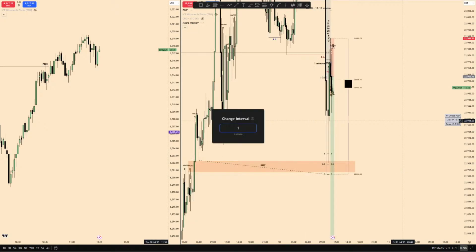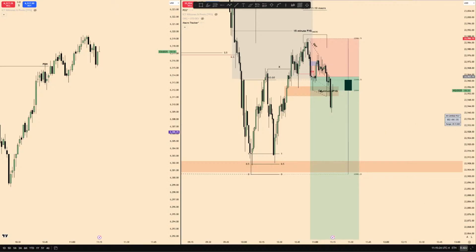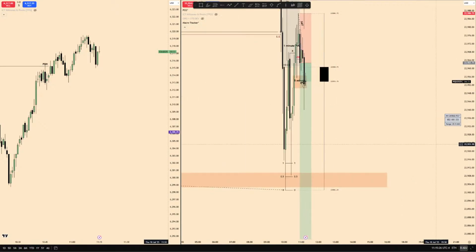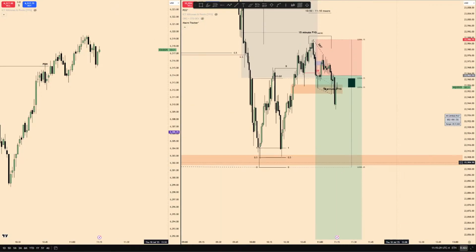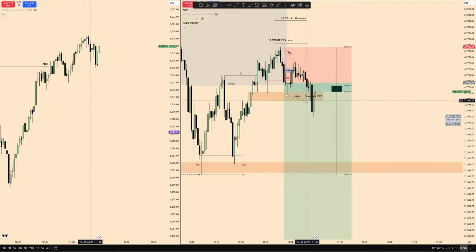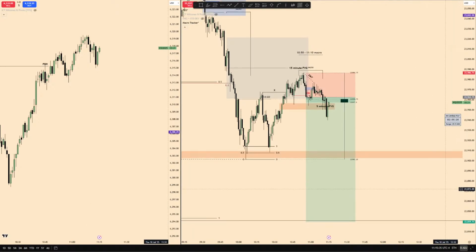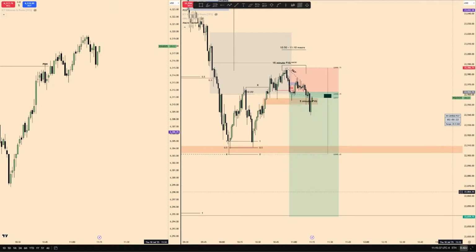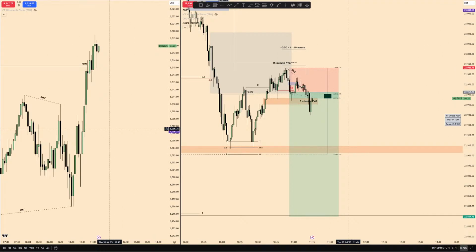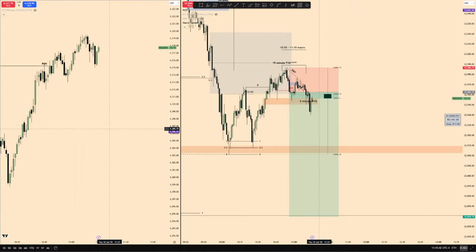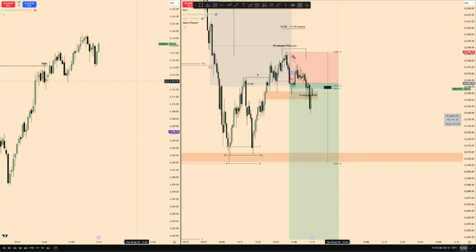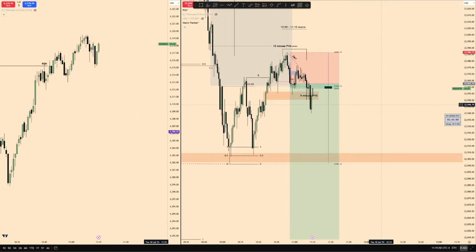Really didn't inverse it. Gosh, if ES could just move a little bit with NQ here, but again, the 5 minute inverse, not executable.